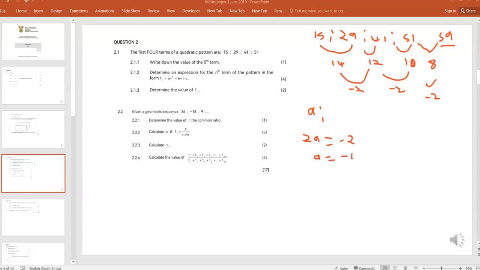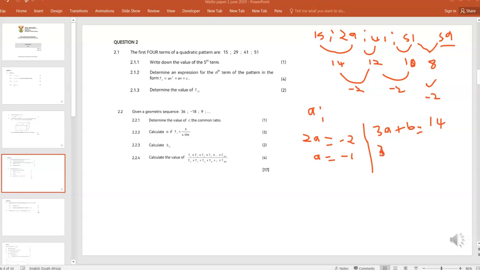And then we go and find your B. To find B, remember, it's 3A plus B. 3A plus B is equal to the first difference between T2 and T1, which is 14. And then remember, A is negative 1, so it will be 3 times negative 1.